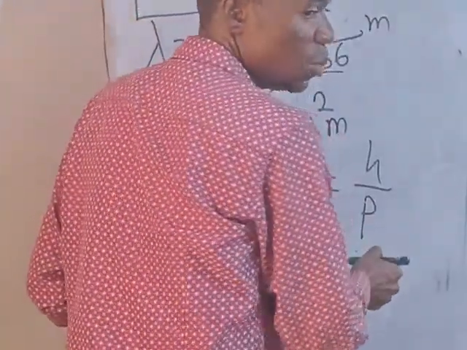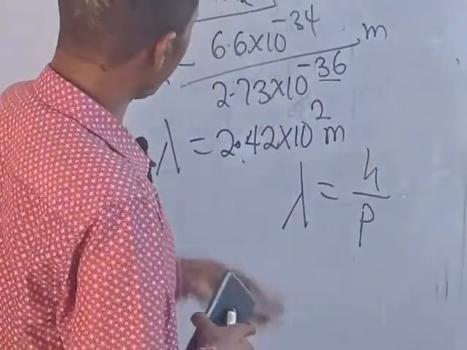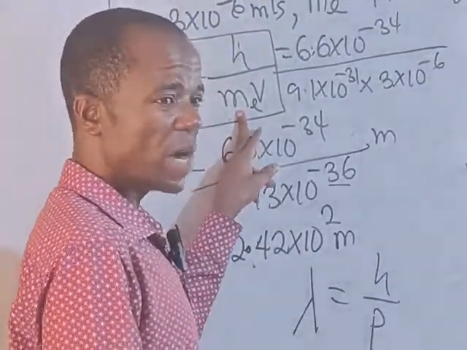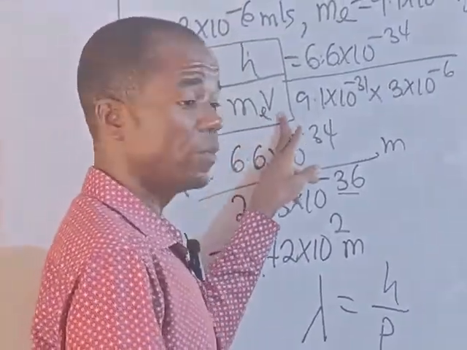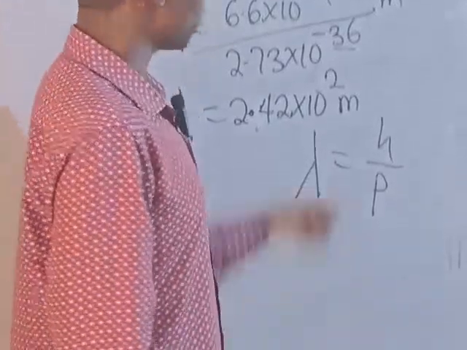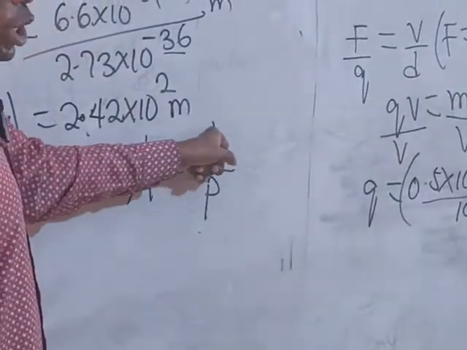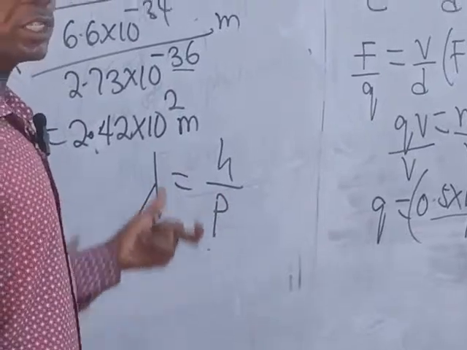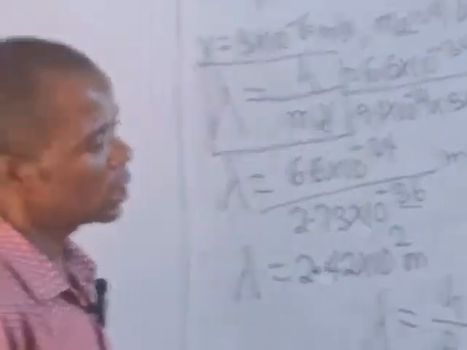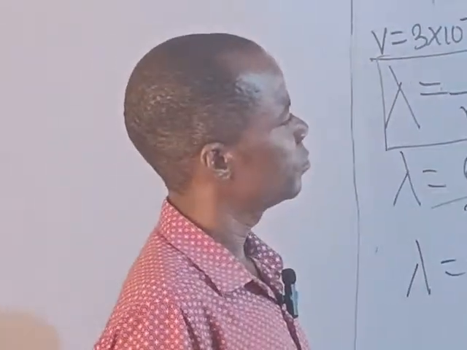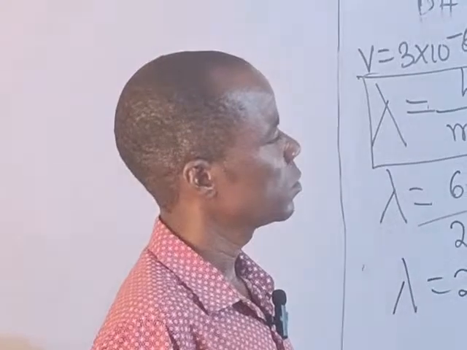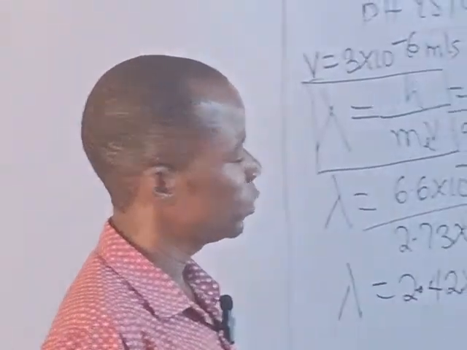What does p represent? Momentum. Because you know that the product of the mass of a substance times the velocity is momentum. So it is either lambda is equal to h all over mv or lambda is equal to h all over p, where p is momentum. So let's take note of that.